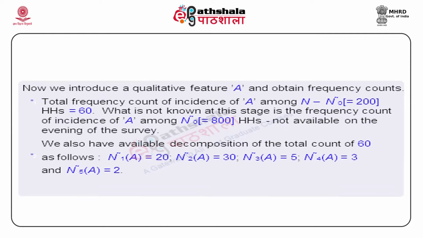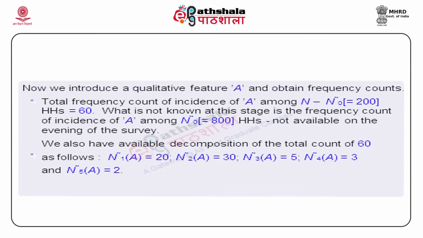I know these 200 people are available on 1 night, 2 nights, 3 nights, up to 6 nights. So, their information is known. Not only do I know the total 60, I know it stratum-wise, giving a total of 60. That is what is written here. We have available the decomposition of the total count 60 as follows.